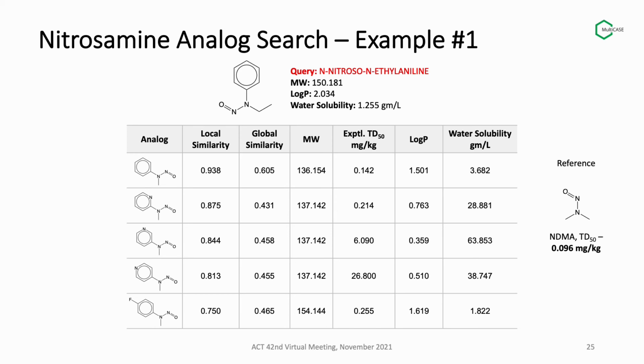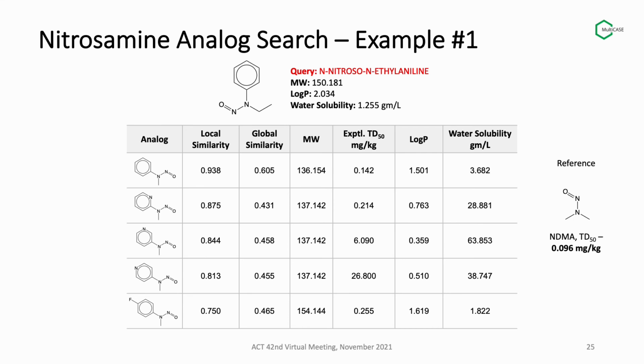So I have shown in the table the first 5 analogs that were found, and I have also given the predicted physicochemical properties for the query chemical as well as for each analog that we found. The physicochemical properties are water solubility, log P, and molecular weight.